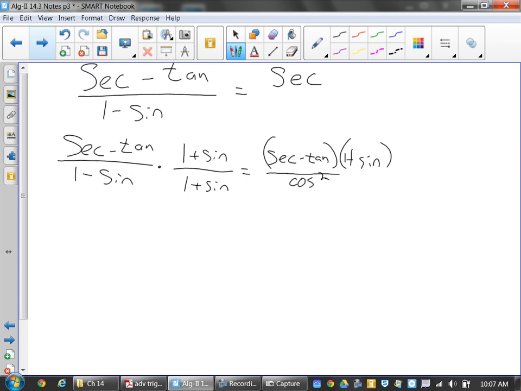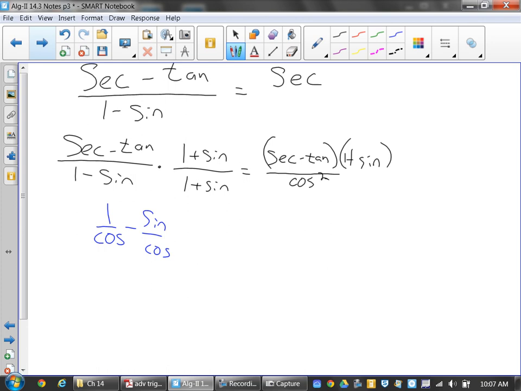Okay. Now, I need to work with this first parenthesis to try to simplify that out. I have secant minus tangent, if I just do that off to the side here, is 1 over cosine minus sine over cosine. You guys okay with that? Yeah.